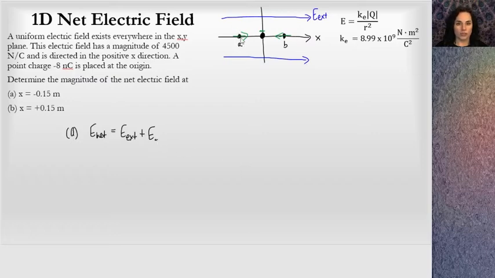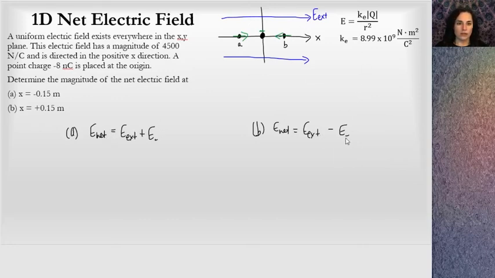They're both pointing in the same direction, so they add together. At point B, the net electric field is going to equal the external electric field, pointing in the positive direction, minus the electric field due to the negative charge, since that one is in the negative direction. So if I had values, I could calculate this.